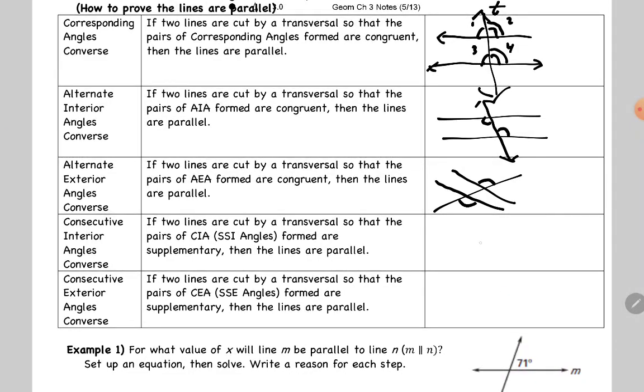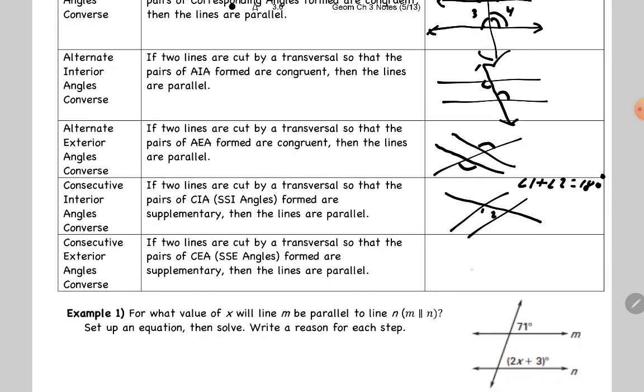And then remember, consecutive interior means on the inside, on the same side. So angle 1 plus angle 2 equals 180. Or consecutive exterior. Let's call this 3 and 4. So angle 3 plus angle 4 equals 180.